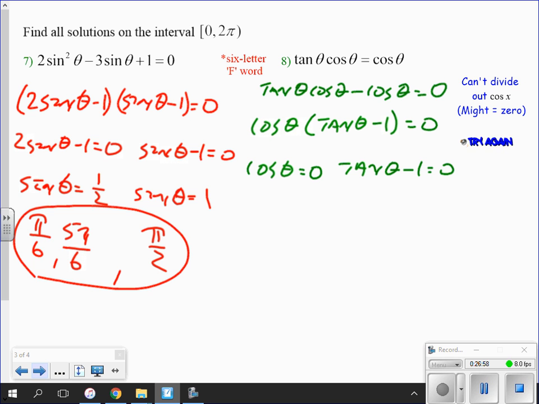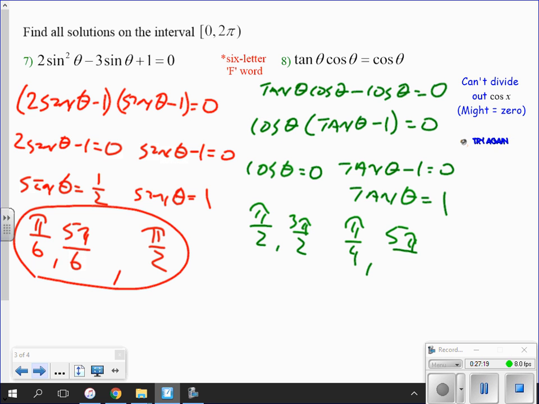So this one gives me pi over 2 and 3 pi over 2. And then I add 1 to both sides, so I get the tangent of theta is equal to 1. Where are the sine and cosine the same values? Pi over 4 and 5 pi over 4. And that's my solution.